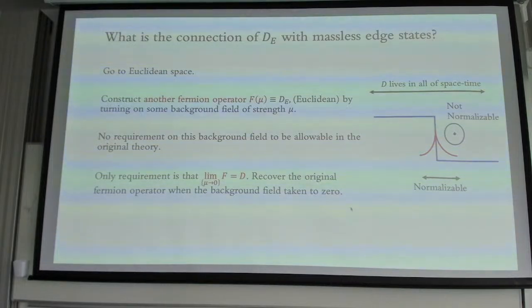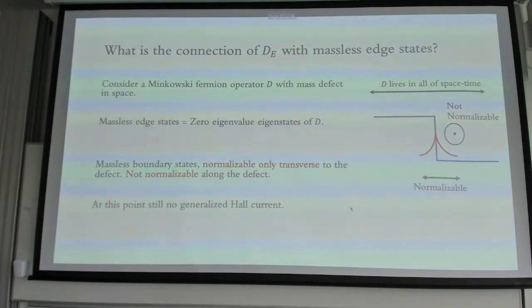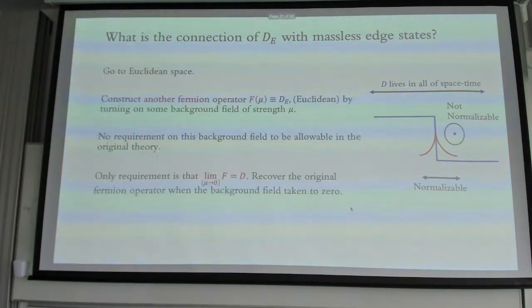So now let's go to Euclidean space. I take this operator D and write down the Euclidean space version of it. I'm going to now construct another fermion operator in Euclidean space, which I call F, and sometimes I'm going to call it dE. It's going to depend on some scale mu.